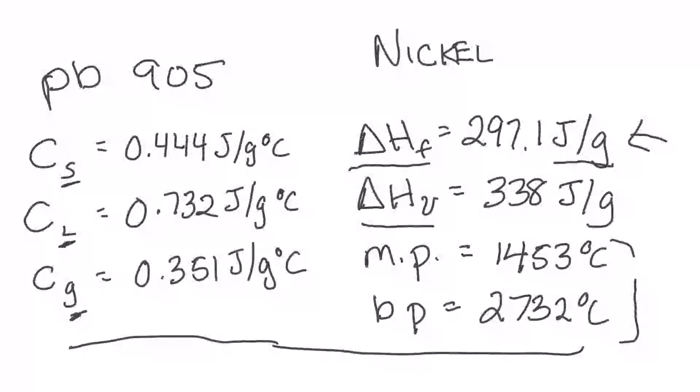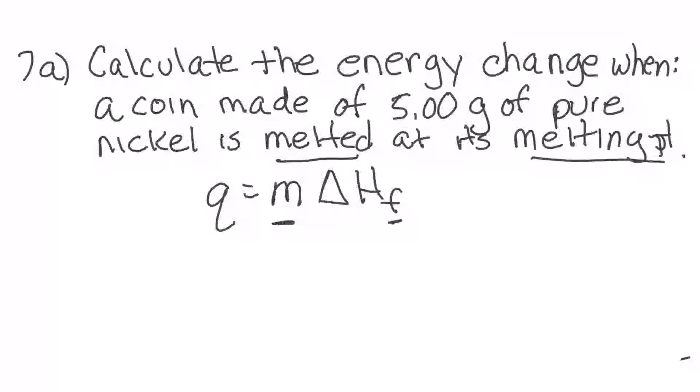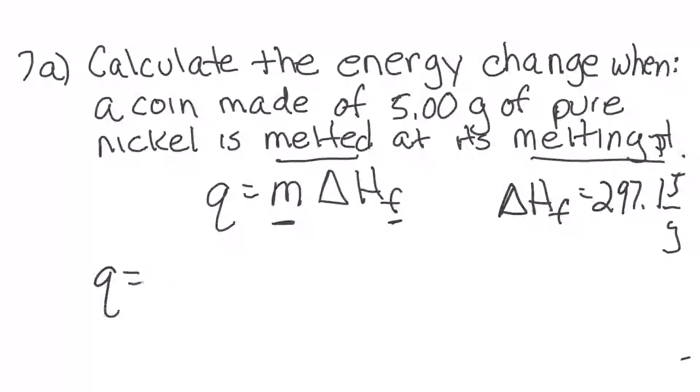And that number, once again, is 297.1. So delta H of fusion was 297.1 joules per gram. So now I just plug in my numbers. The math for these is pretty simple once you've picked the equation. The mass is 5.00 grams.